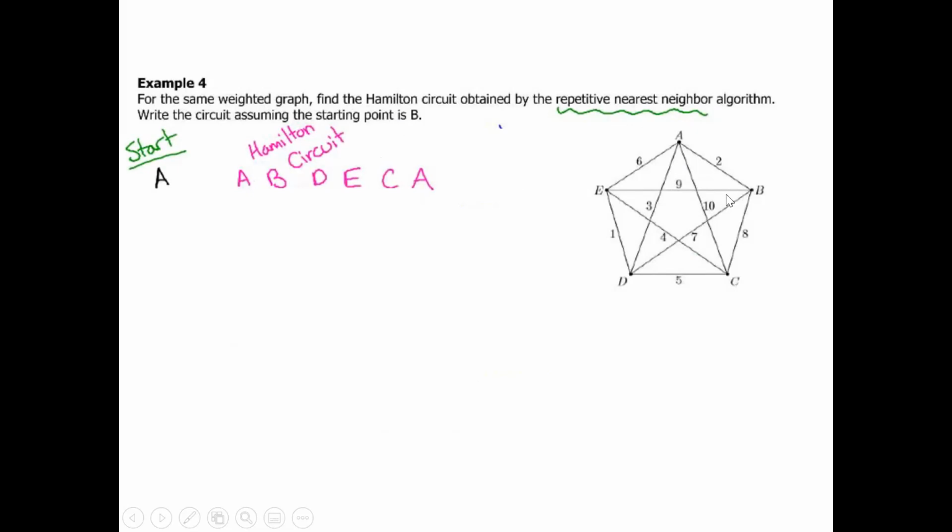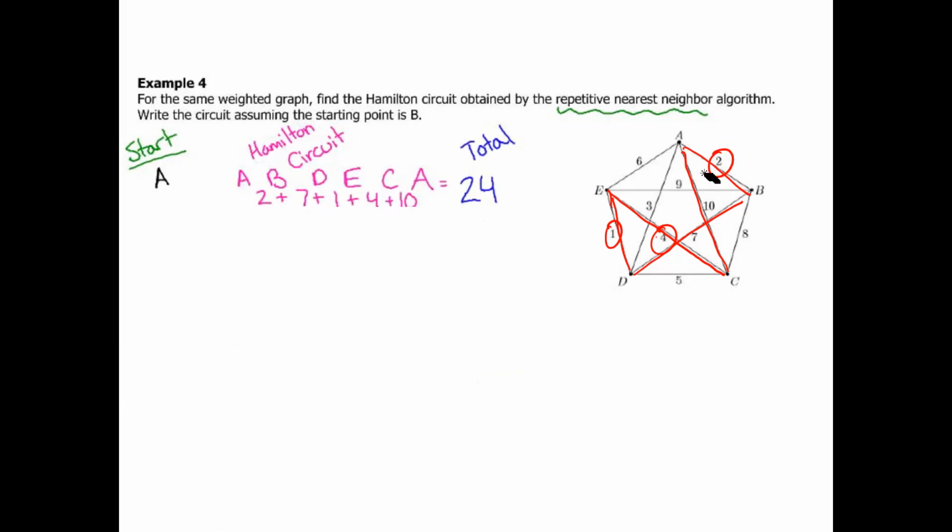Then from B, go to D because it's 4. From D, we're going to go to E because it's only 1. And from E, we can only go to C, which is 4. And then from C, I go back to A. Adding up the weight together, you get 24.